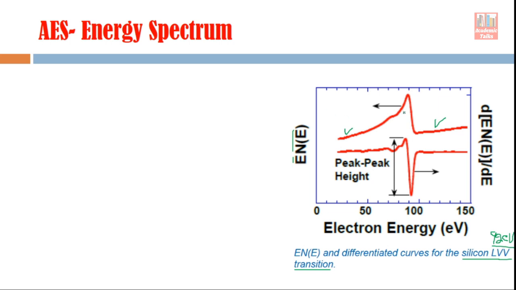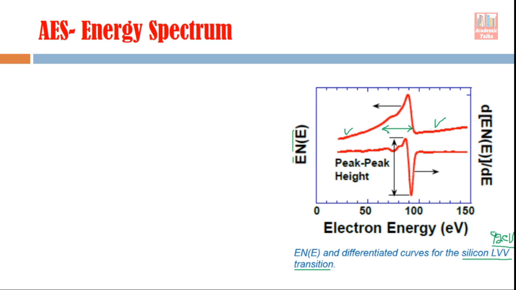Now you see here there is a spread of energy. There is one peak here, that peak of course is nearly 90, but it's not only the 92 electron volt energy that is there. There is a spread of energy, right. All this spread is visible here.